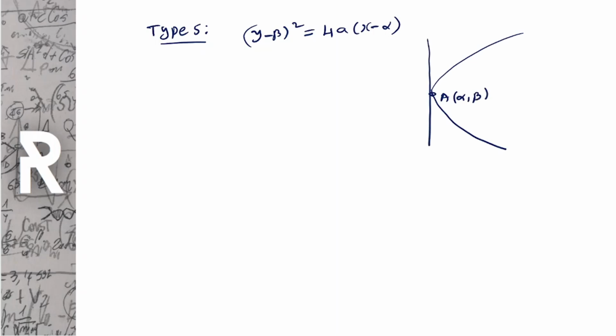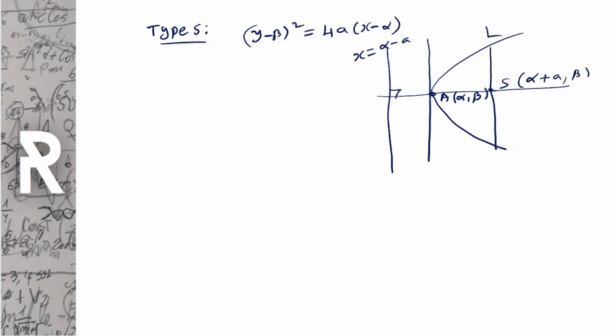Then it is easy to recall: for all x coordinates add alpha, for all y coordinates add beta. Focus (a, 0) then changes to (a plus alpha, beta). RH only.